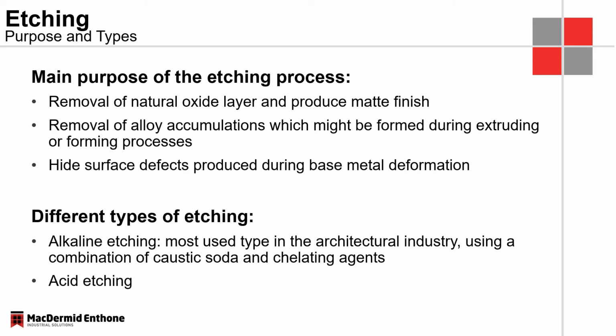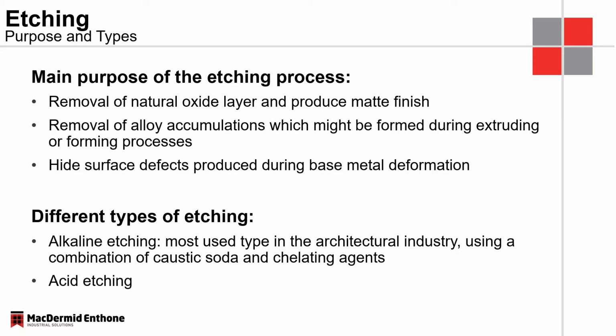We also use the etching process in the architectural industry to remove a lot of aluminum surface to hide surface defects. And these surface defects come really from the extrusion process itself, from the dies and those flow lines we sort of introduce or put onto the aluminum profiles.